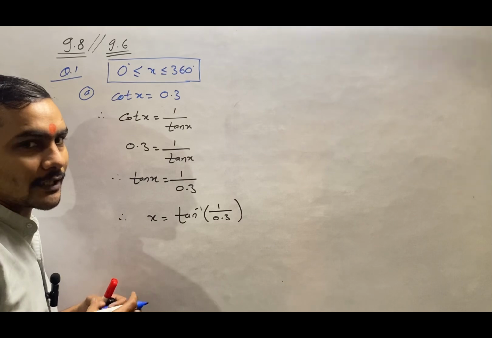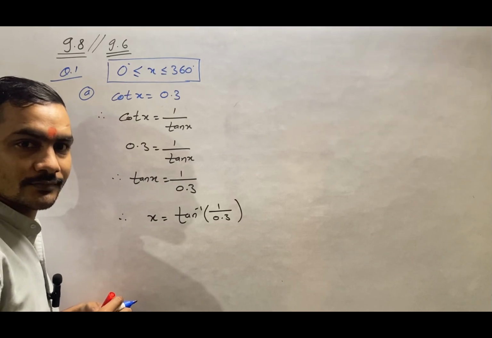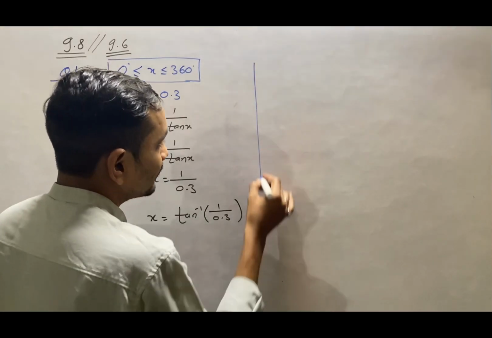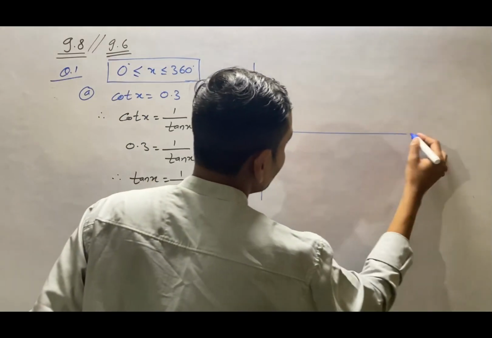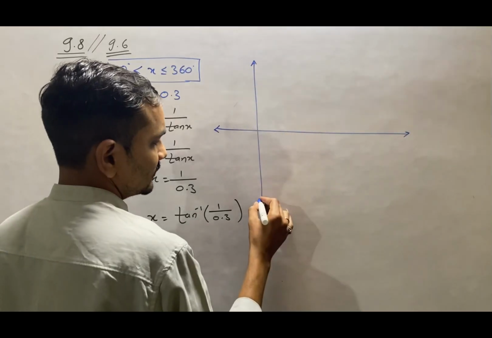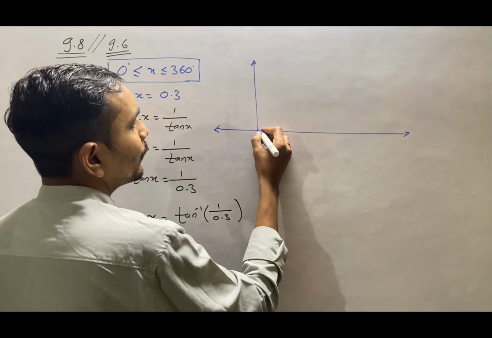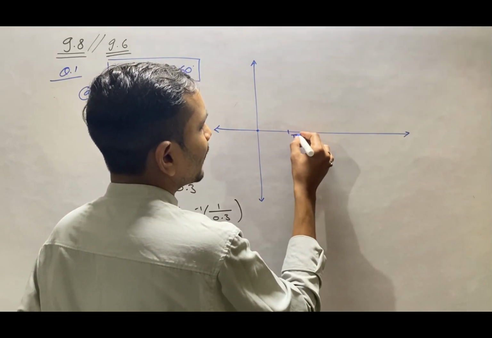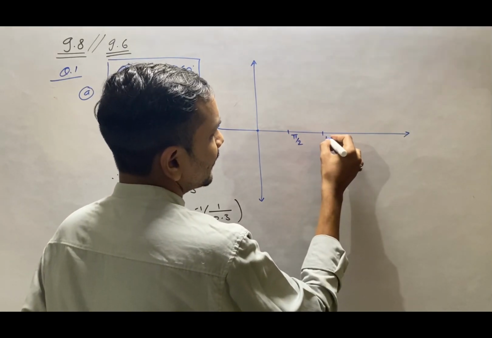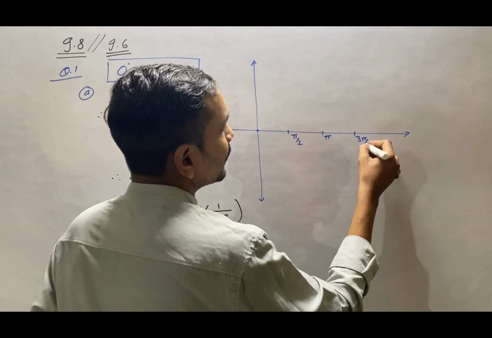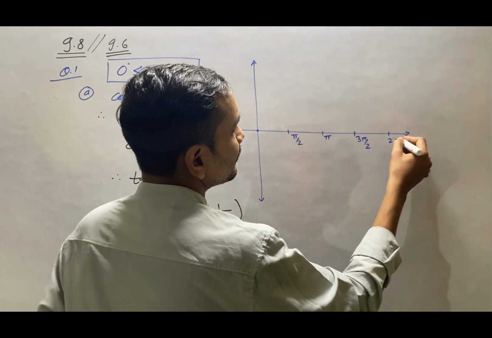So it means we have multiple solutions. So we have to plot a graph of tan x. We already know tan is not defined at pi over 2, we can say 90, pi, 3 pi over 2 and 2 pi.